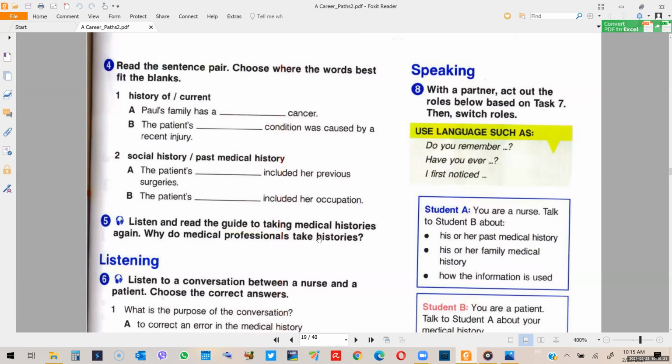So we have history of and we have current. Number A. Paul's family has a cancer. So Paul's family has a cancer. So we say history of.